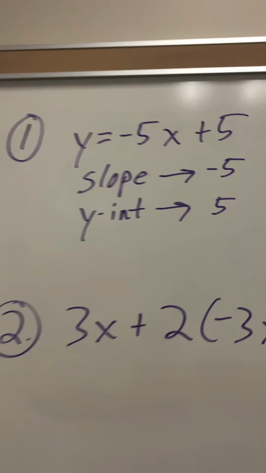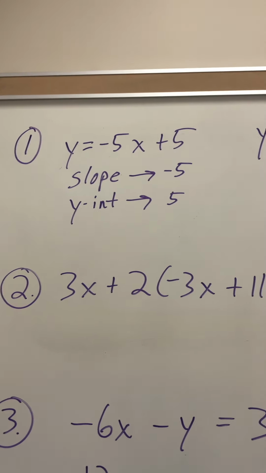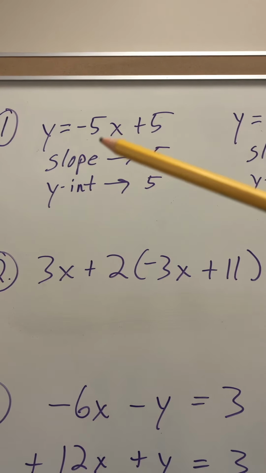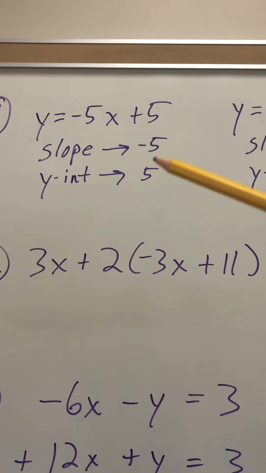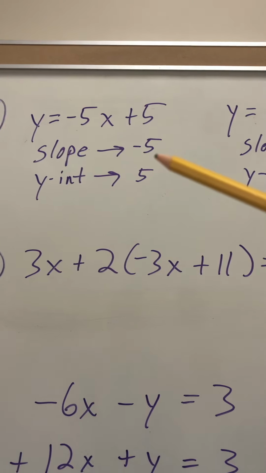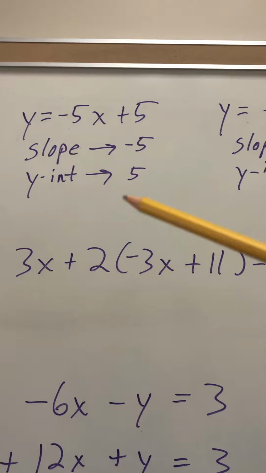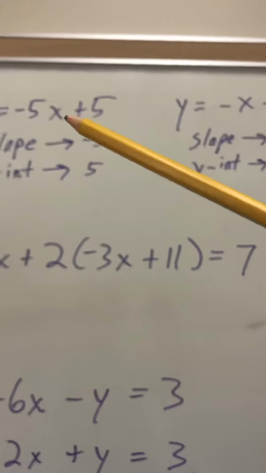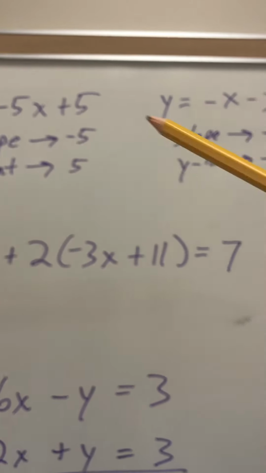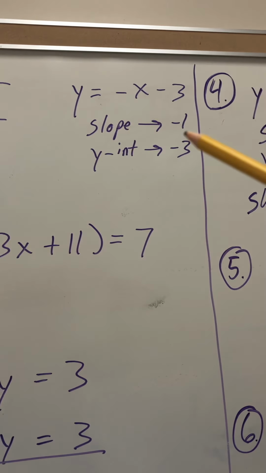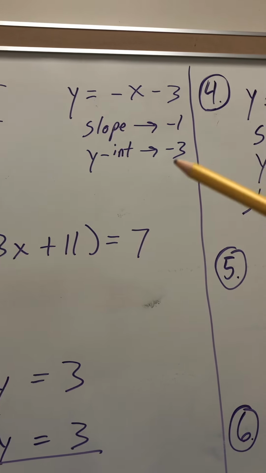One thing I want to remind you, from helping out students in the class, is that this equation has a slope of negative 5, and the y-intercept is at 5. So it's going to be a really steep downward slope. This one is a downward slope also, more gradual, and has a y-intercept of negative 3.